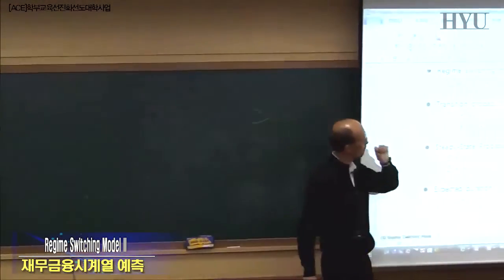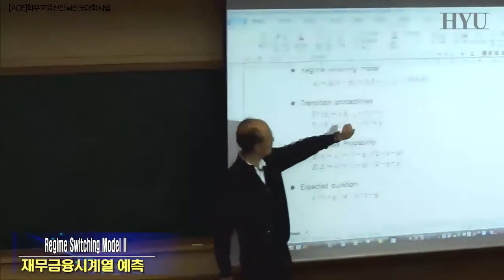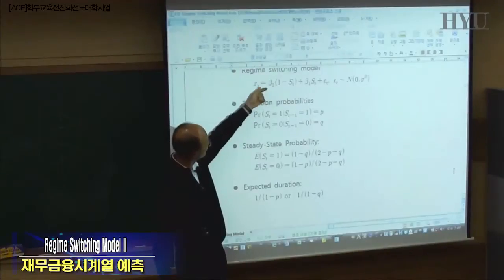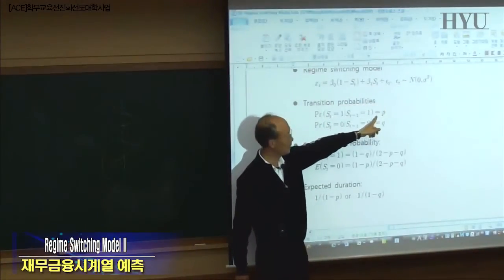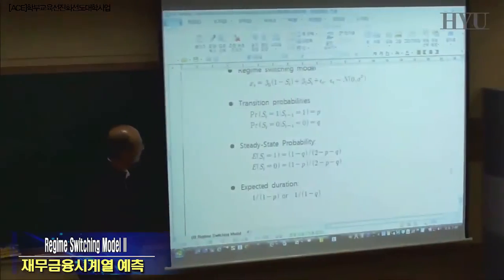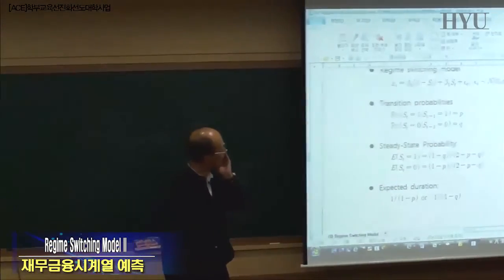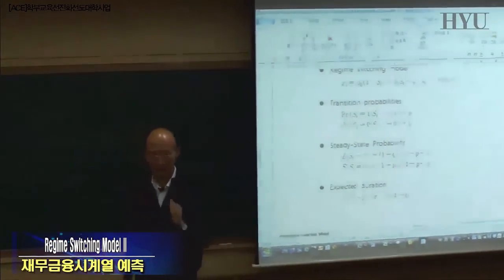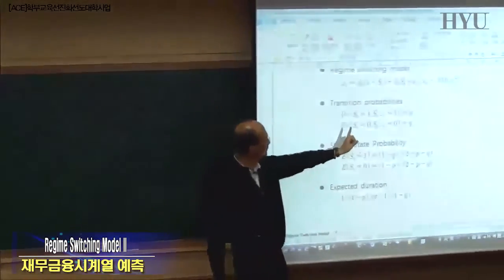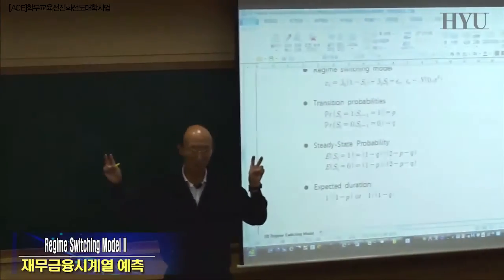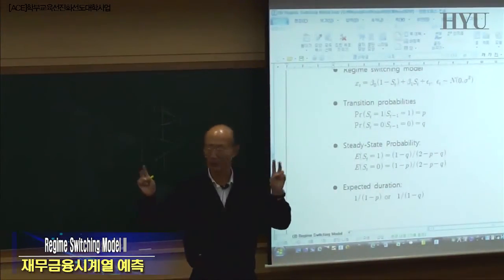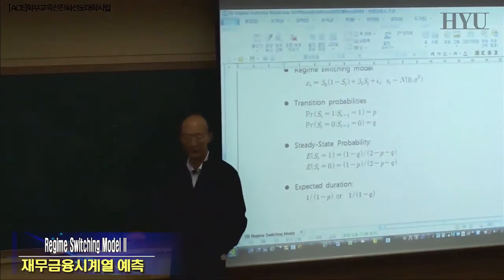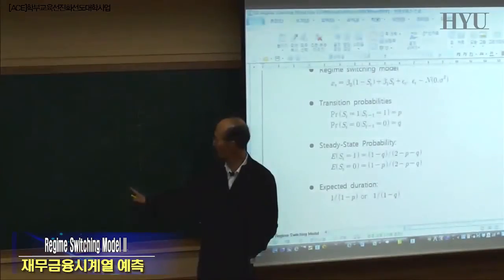Here, the parameters we need to estimate in this simplest case are beta 0, beta 1, sigma squared, P, and Q. One property of S t we assume in this kind of literature is that S t has the so-called Markovian property, which means when you talk about this probability, all you need to know is the state in the previous period.